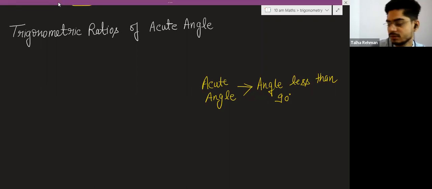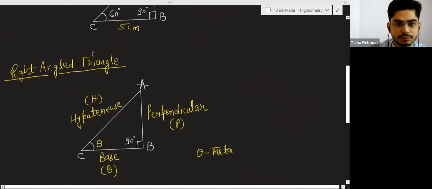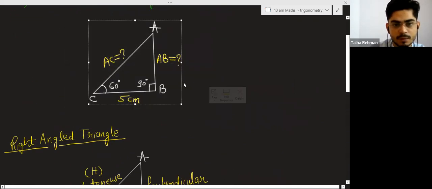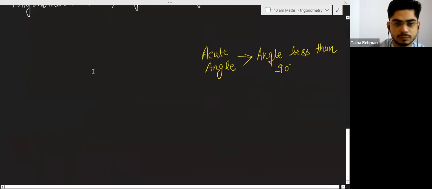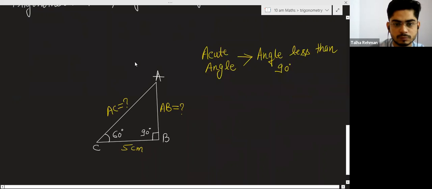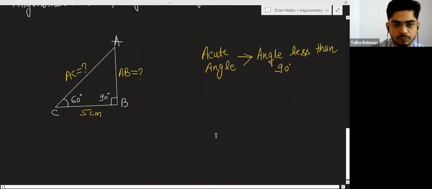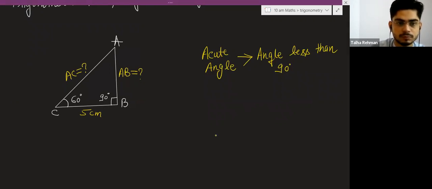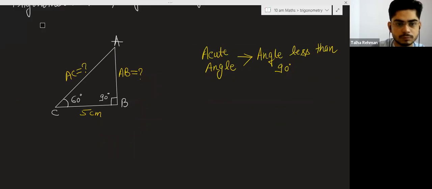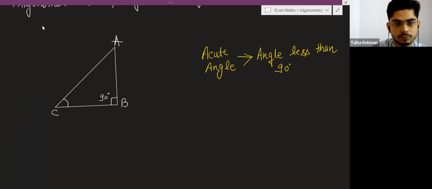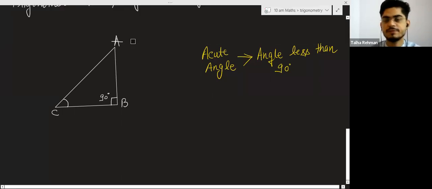Suppose I am taking a triangle. This is the triangle we have.